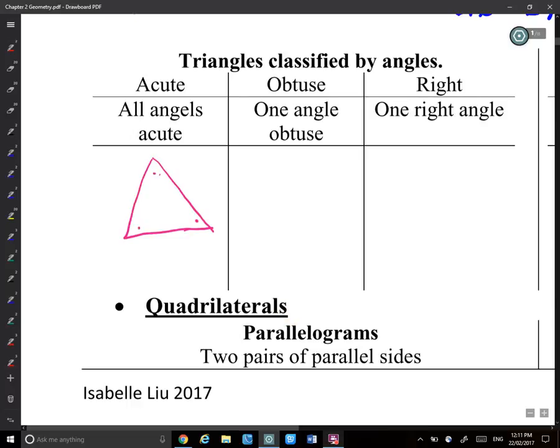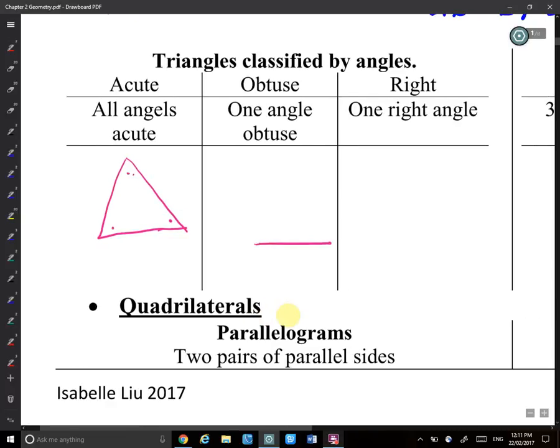I can have an obtuse triangle, which has one obtuse angle. For example, a triangle like this. That angle is obtuse. I can only have one obtuse angle because I cannot have two.